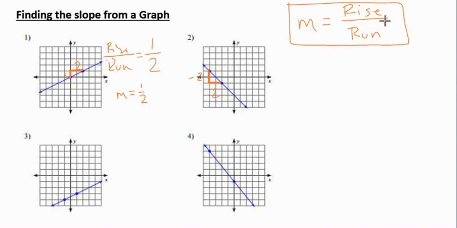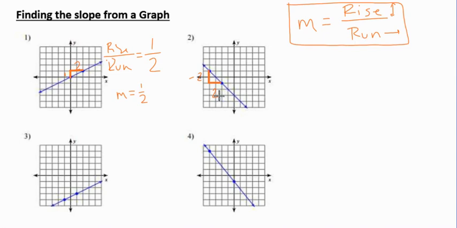It's really helpful to view your rise, again, like I mentioned, as your up and down. And frankly, your run can always be to the right. If you're truly reading a graph left to right, your run will always go to the right, which is helpful. Your rise determines the sign, your run will always be positive to the right.